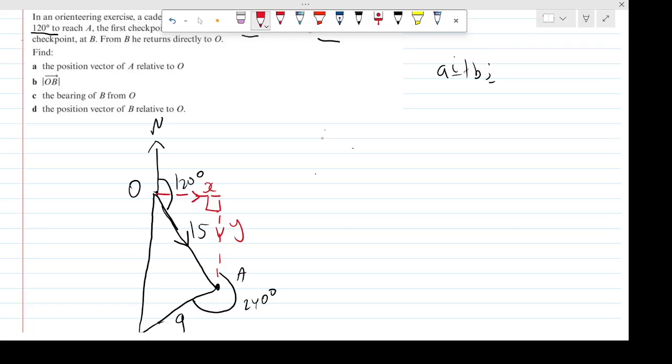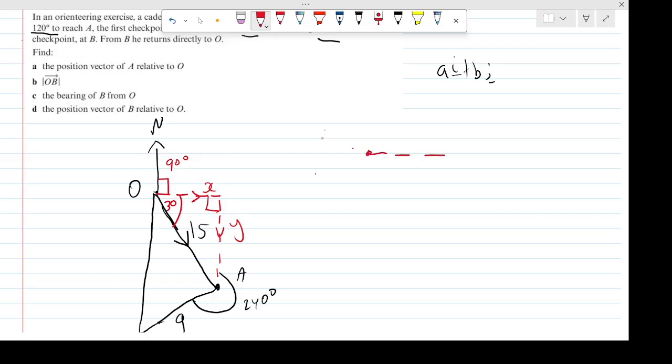Hopefully you can notice this 120 degree angle here. We can split that into 90 degrees, and then the angle in this triangle here of 30, and overall that'd be 120. So we've got this right angle triangle.